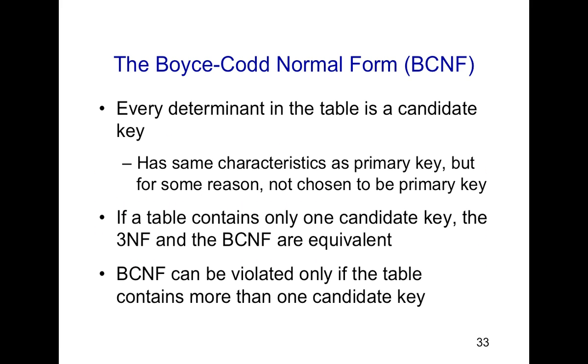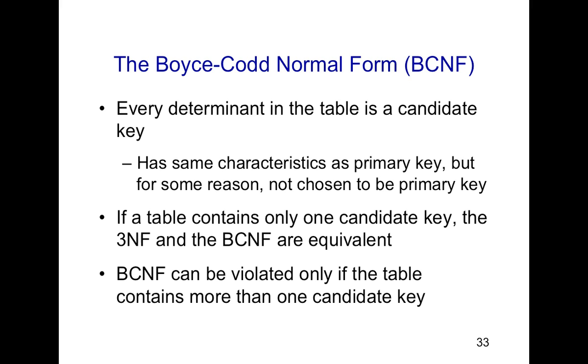This is where Boyce-Codd normal form, BCNF, comes into play. You can be in third normal form but not in BCNF if you don't have referential integrity in place. In BCNF, every determinant in a table is a candidate key.